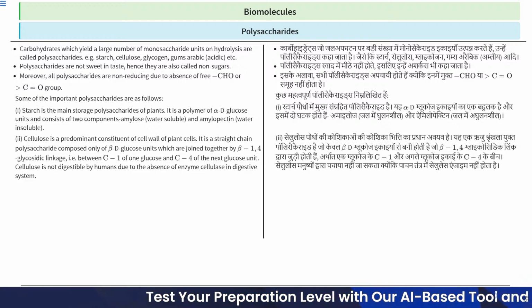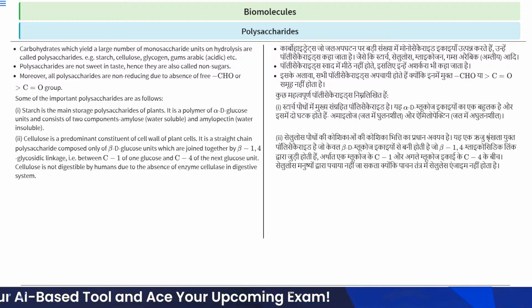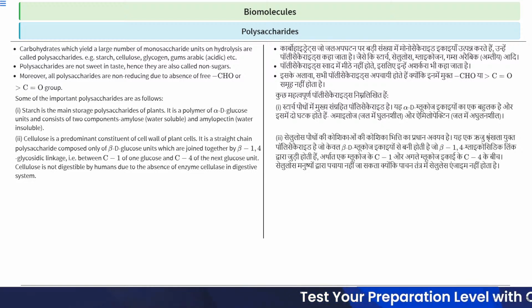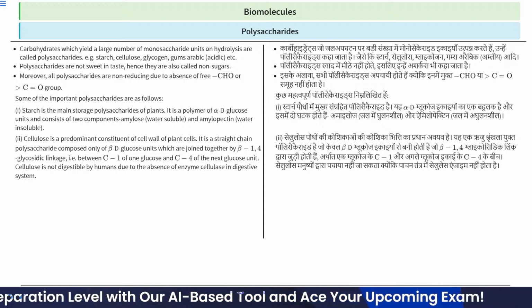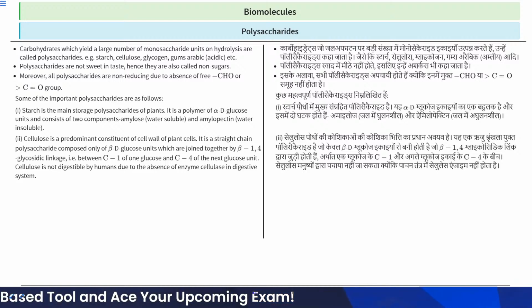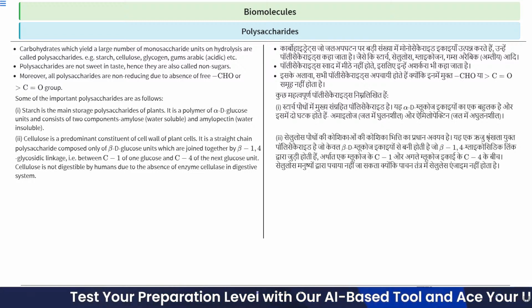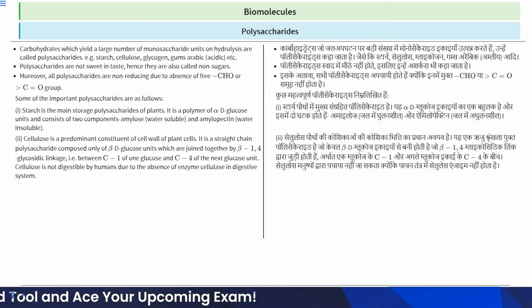It is a straight chain polysaccharide composed only of beta D glucose units which are joined together by beta 1,4 glycosidic linkage, that is, between carbon 1 of one glucose and carbon 4 of the next glucose unit.